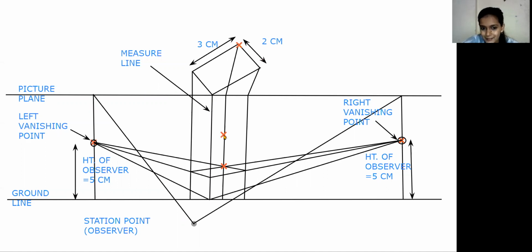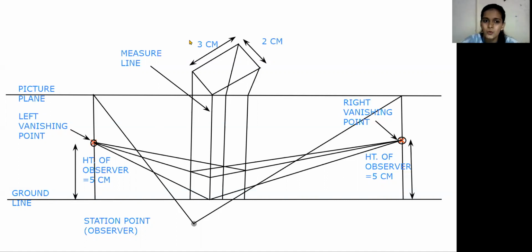Always on this vertical line the intersection point will lie. If it is not on that vertical line, or it is away from that by 1 or 2 mm, you need to do the perspective view with more accuracy. Okay, but 99% that will intersect on that vertical line only. So here your drawing is completed.